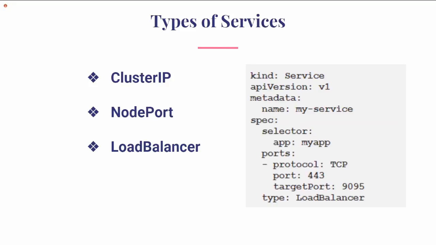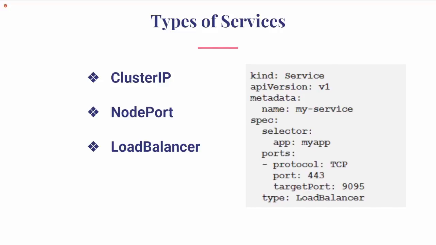So the service is reachable and visible only inside the cluster. If you don't want to expose your pod to the outer world, this is the correct service type. For example, you don't want to expose your database to the internet. You can only expose it to the cluster pods using ClusterIP.